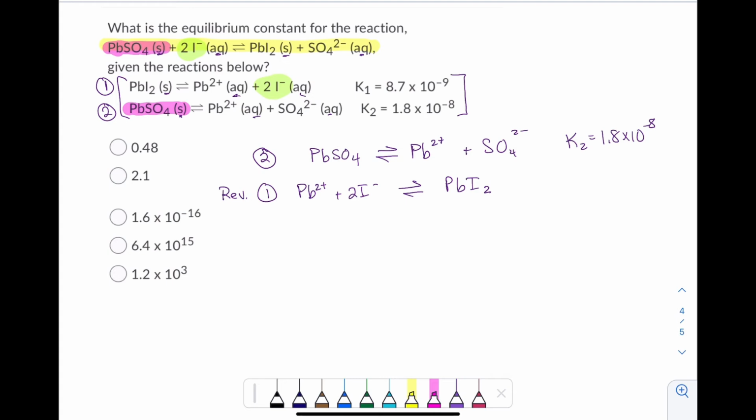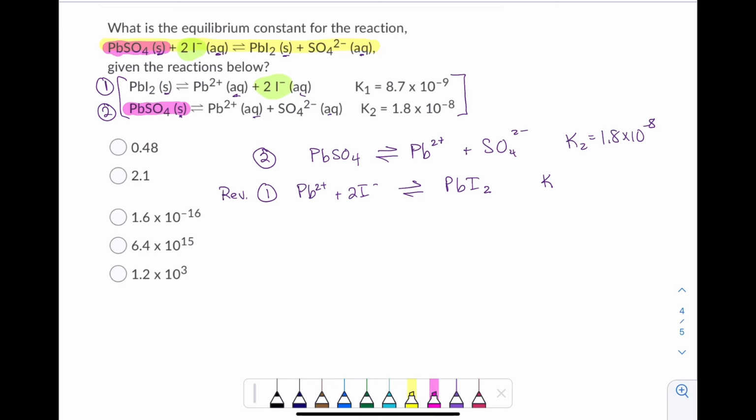Now, what does that do to the equilibrium constant for reaction number 1? When you reverse a reaction, it inverts the K value. Back in Hess's law problems, we would change the sign when we reversed a reaction. We also did that in the thermodynamics module here in Gen Chem 2 as well.